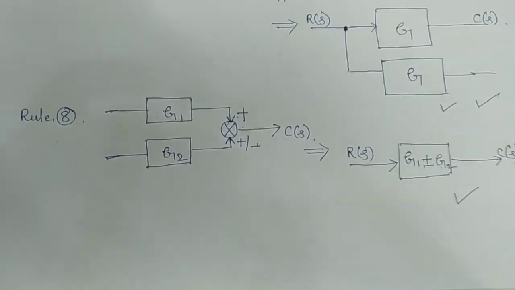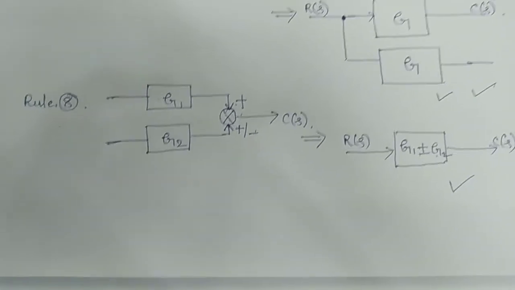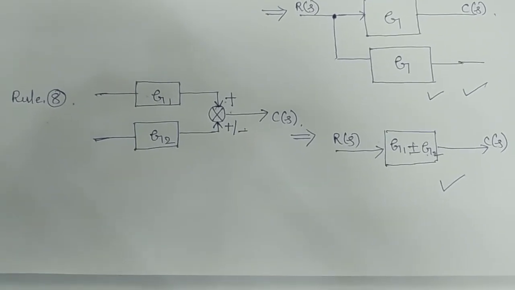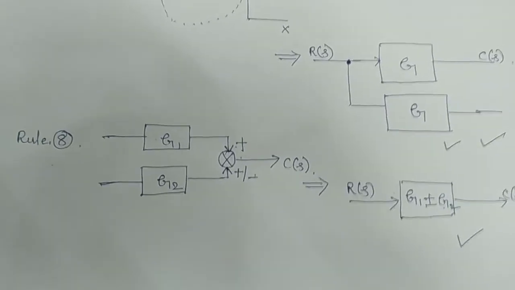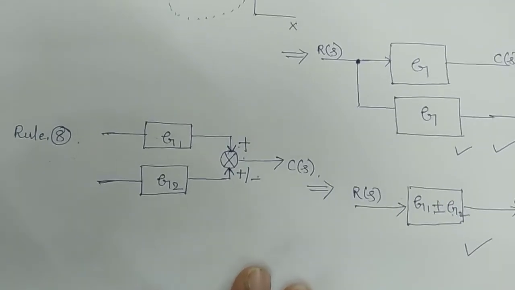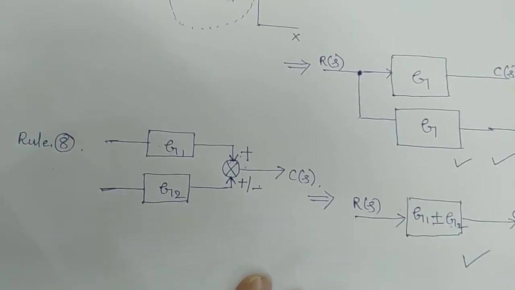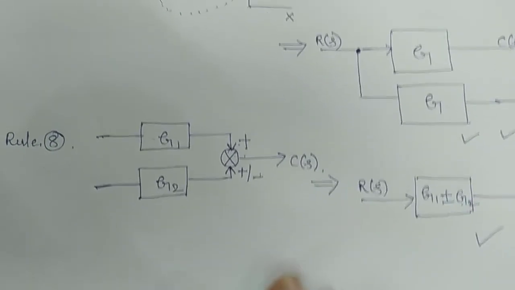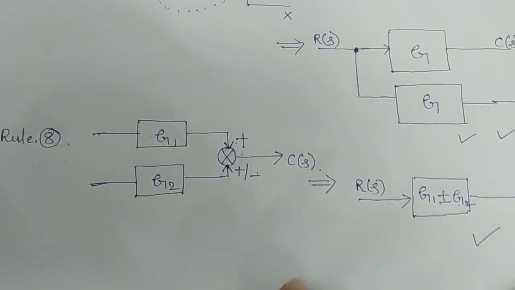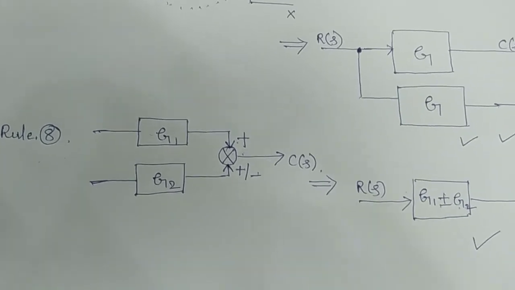So these are the very important rules normally to be applied in order to find the transfer function using the block diagram reduction method. And one more thing I want to explain here is that if a problem is given and you are asked to find the transfer function using block diagram reduction, remember that only two points will be there.